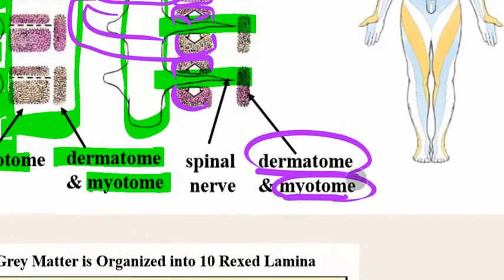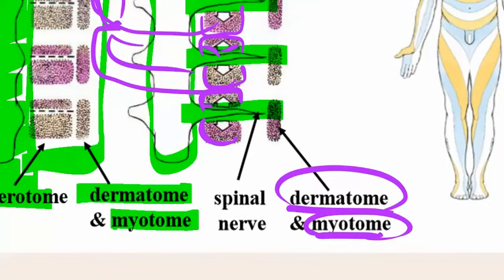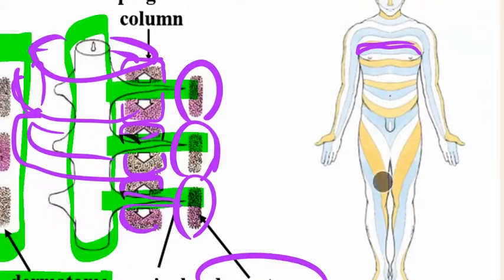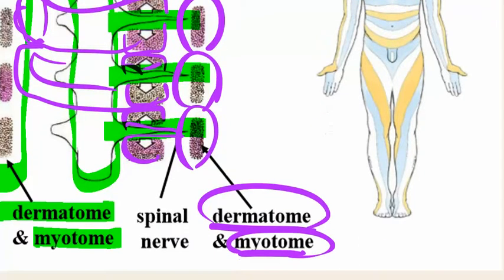Okay, so the dermatome is going to get innervated by this neural projection, right? Depending on the dermatome that gets innervated, that's how we're getting these dermatomal distributions, because of the neural projections that are coming off of the neural tube and going to the appropriate dermatological sections of that somite.